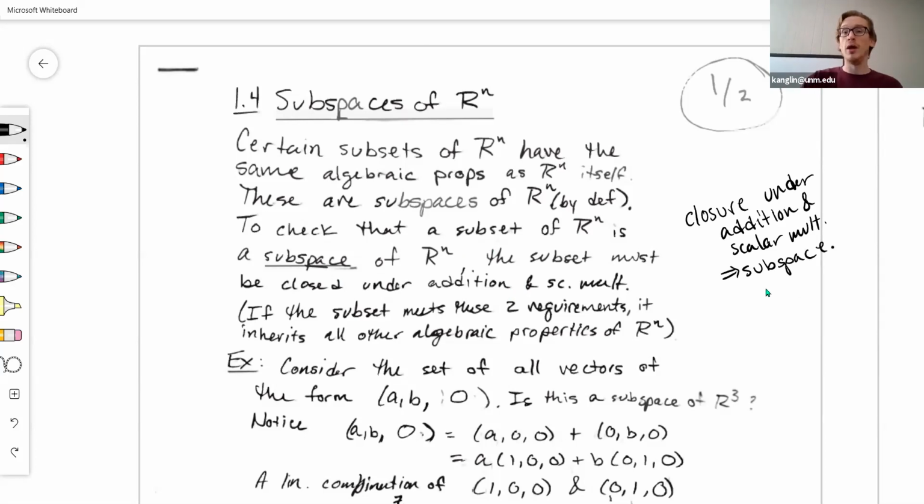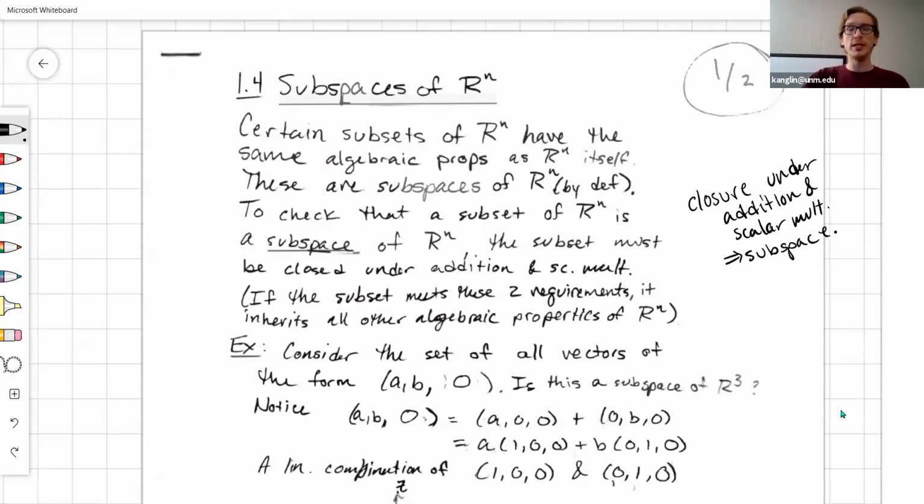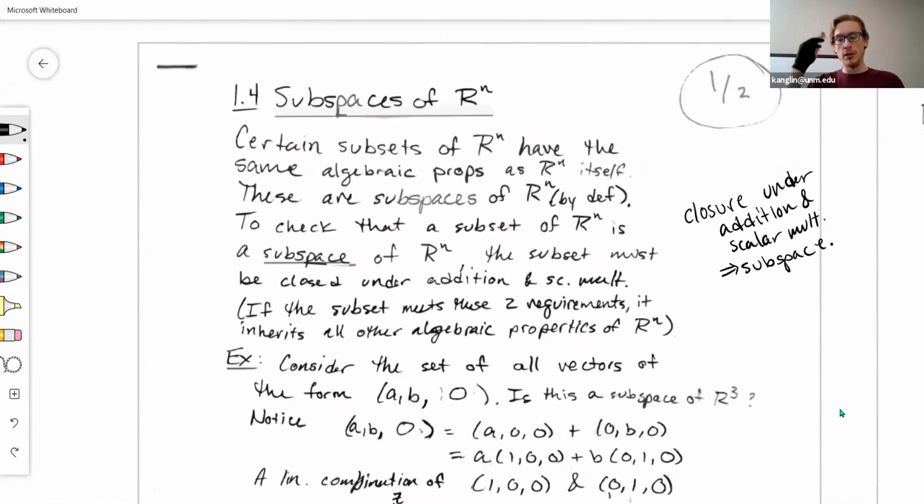Okay, in Rn, we'll see that in more general vector spaces, we have to be careful. We have to think about whether this fact would still hold in more general vector spaces than Rn. We already mentioned Rn is a vector space.